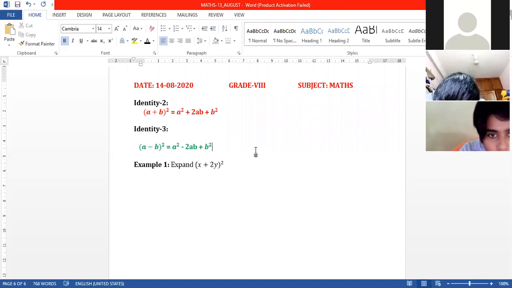Now x plus 2y whole square, it is looking like a plus b whole square. We want to apply here which identity? Identity second.